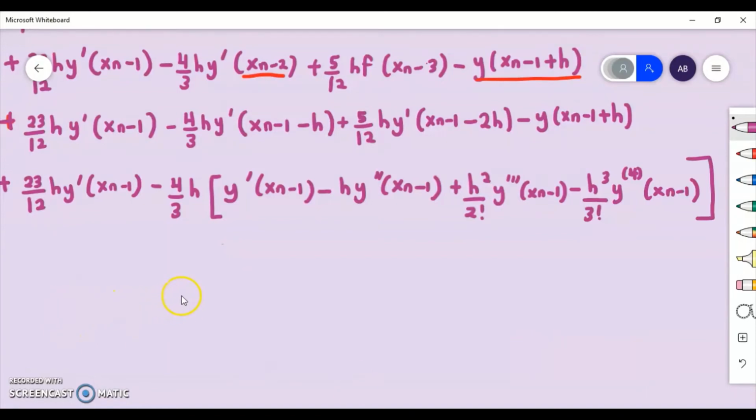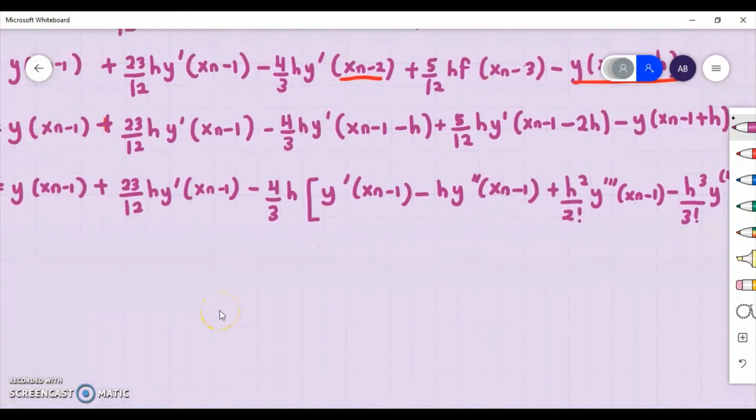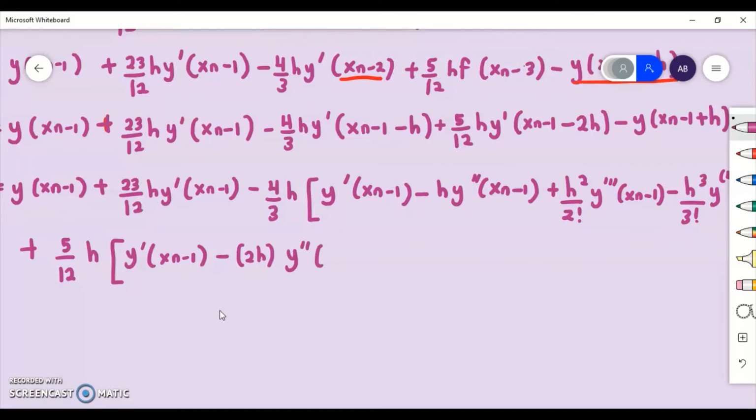Continuing with my next term here, expanding the next term, 5 over 12. So I have plus 5 over 12 h. Now expanding y prime, I have y prime x_{n-1}. Now this is 2h, so minus 2h y double prime x_{n-1}.